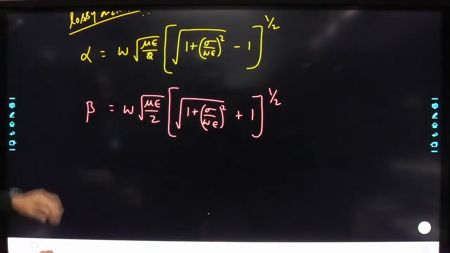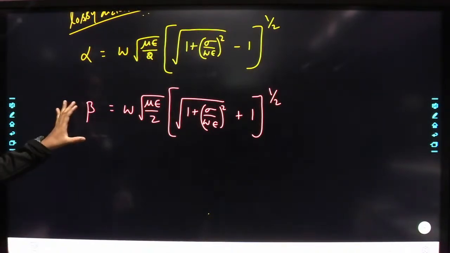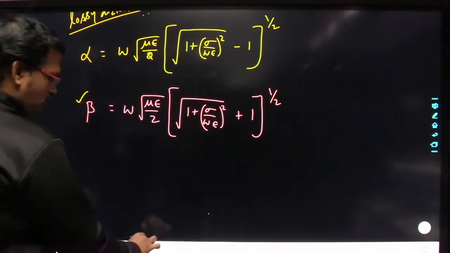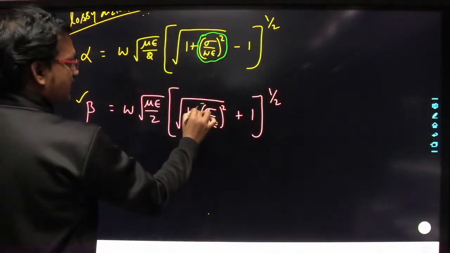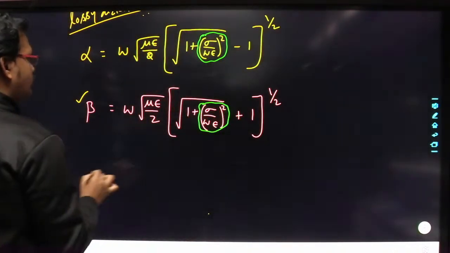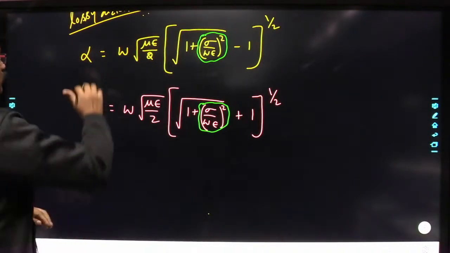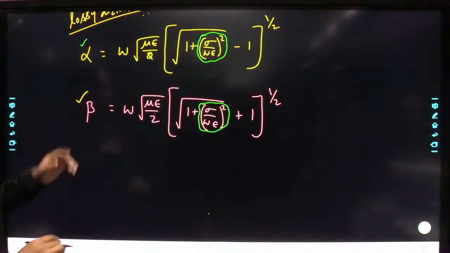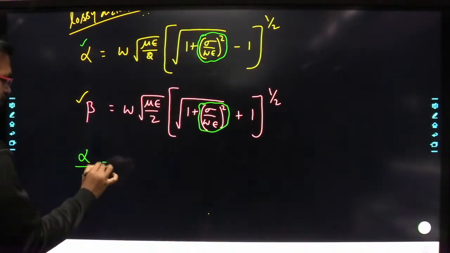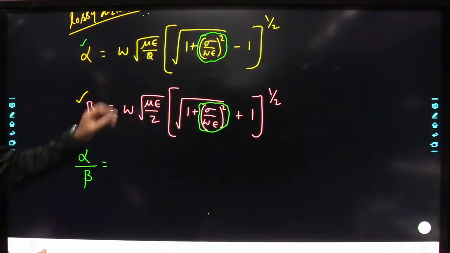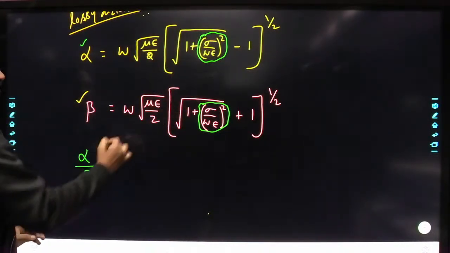Now we want to determine the alpha value. We know the beta value, and we know the sigma by omega epsilon value also. So if I take the ratio of alpha to beta, I am going to get only known quantities, since the common term will get cancelled.